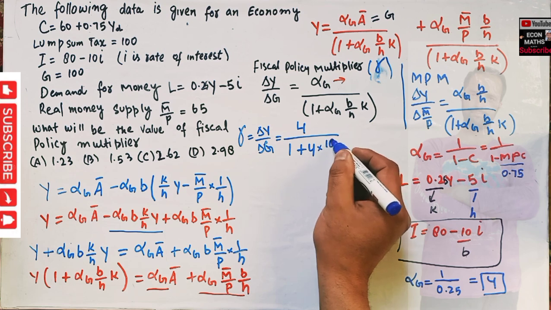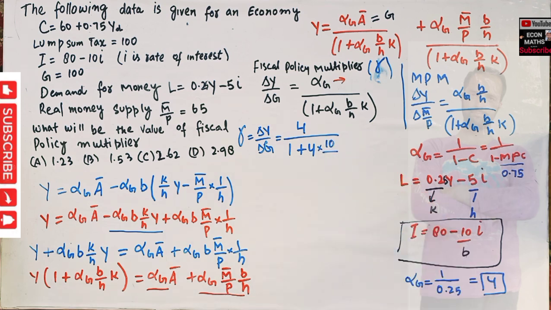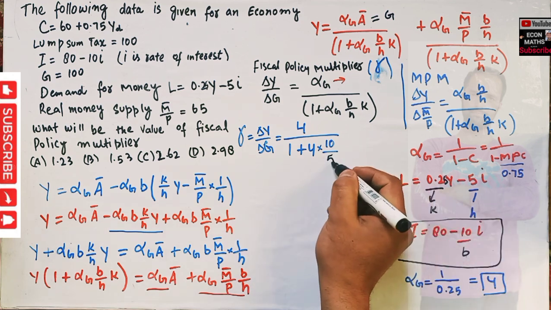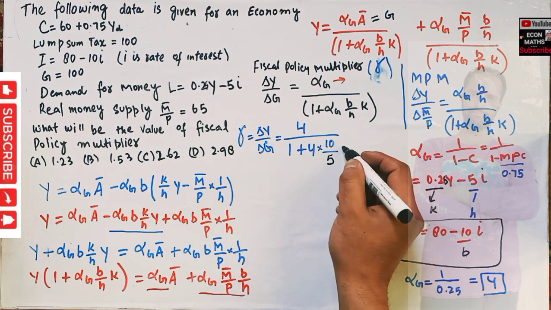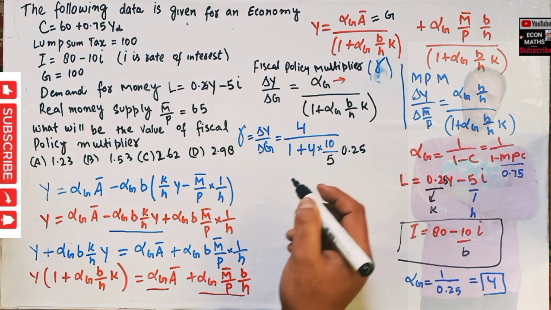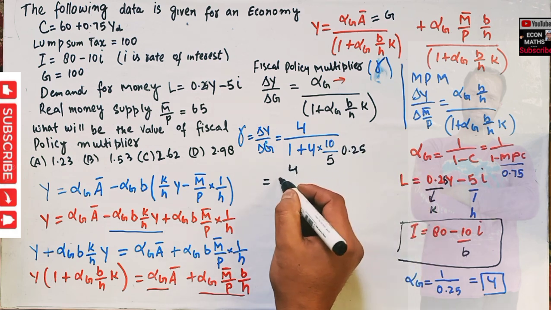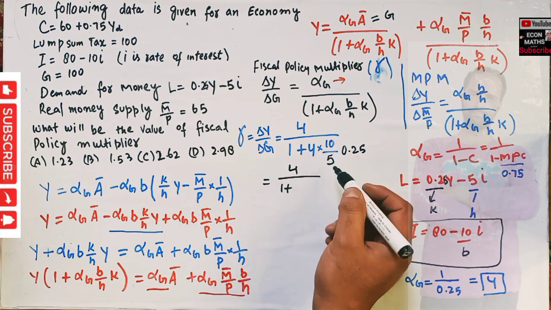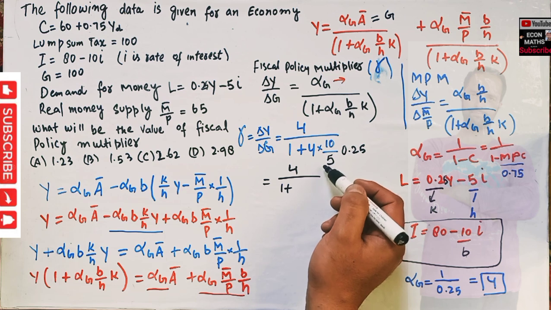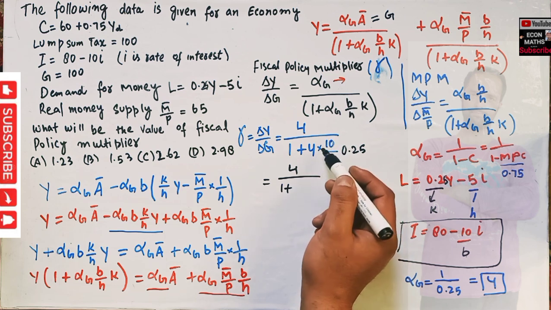Let me write it here: 10 upon, what is our h? Our h is 5. What is k? k is 0.25. When you solve this, it will come out to be 4 upon 1 plus 5 ones are 5, twos are 10, 4 twos are 8.